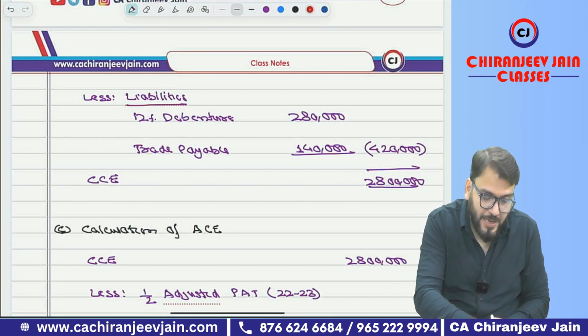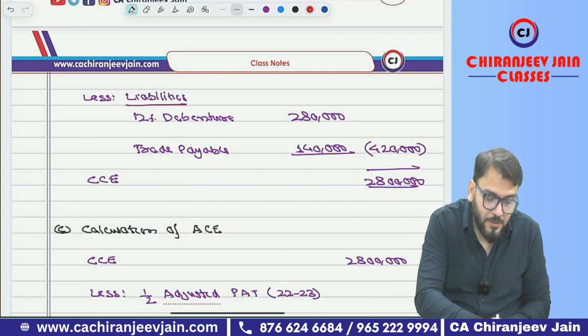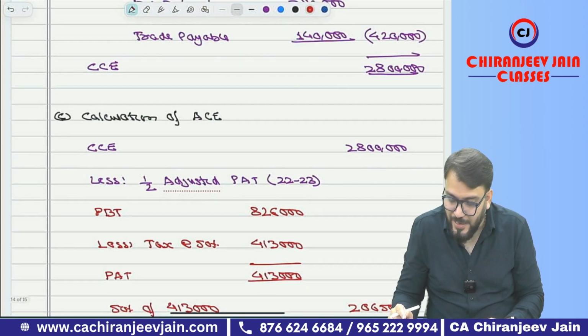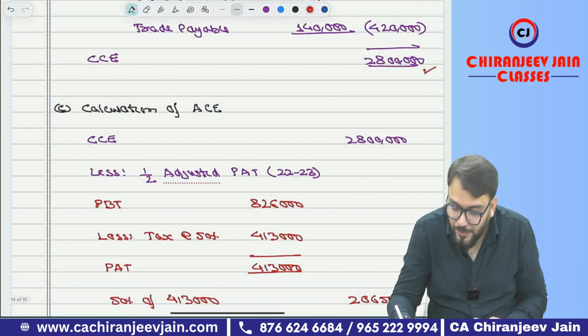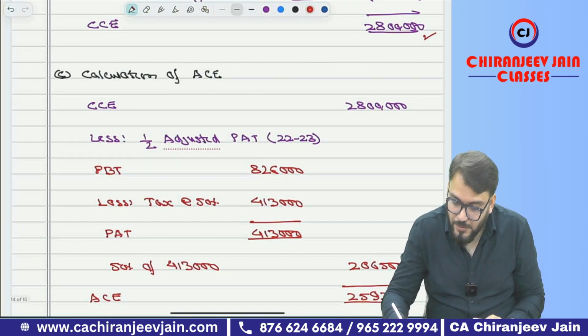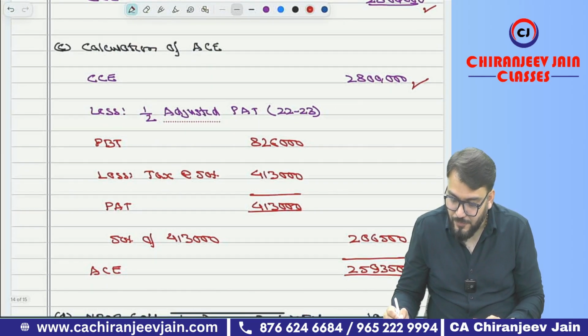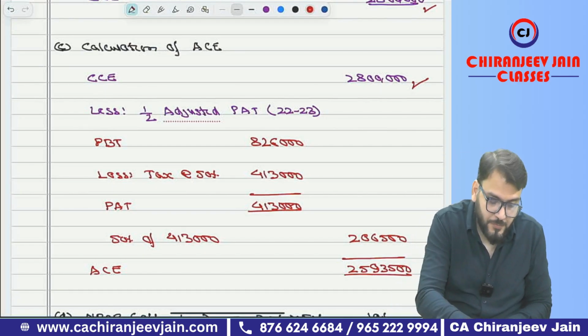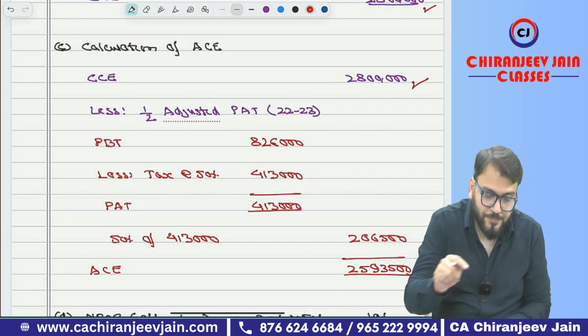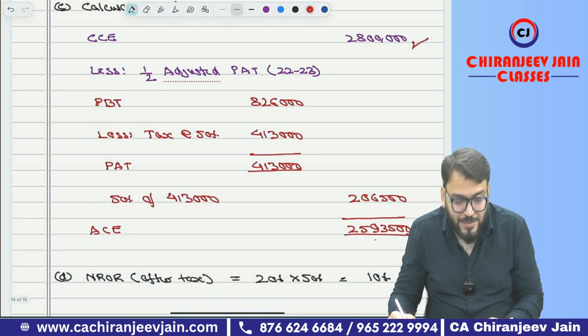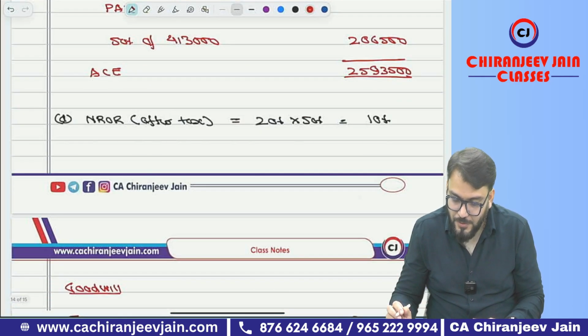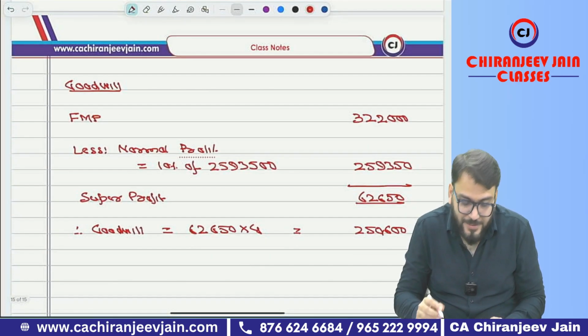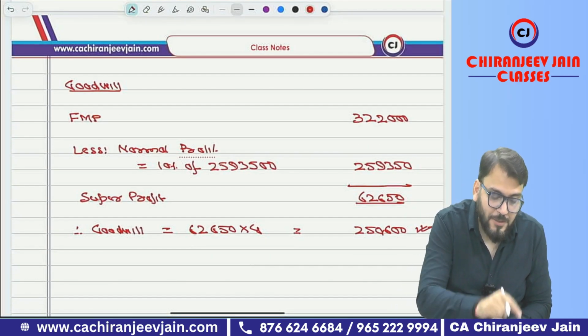So it will be actually 28 lakh plus 1,40,000, 29,40,000. Then 29,40,000 minus 2,06,500 will become 27,33,500. Okay, correct. Then we'll take 10% of this.